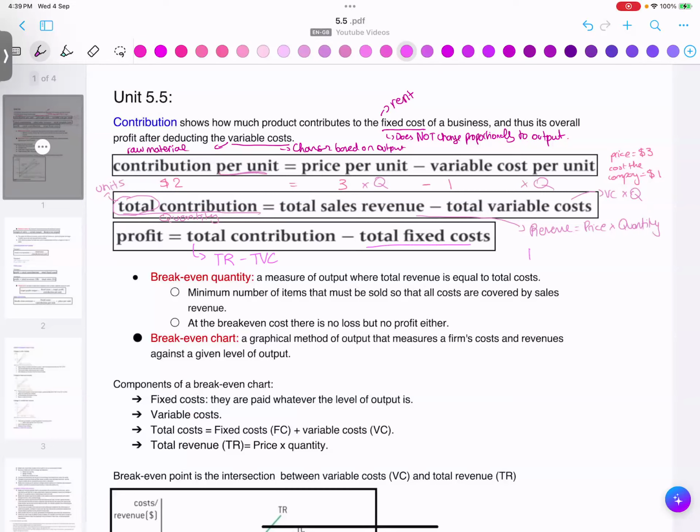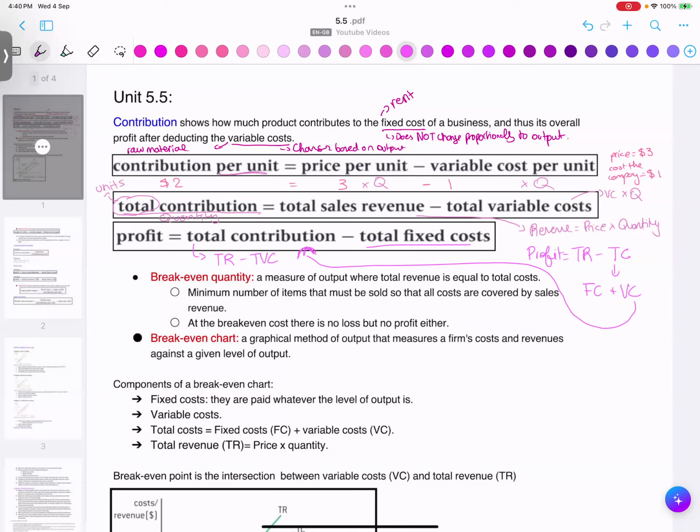Because we know that profit is total revenue minus total costs, and total cost is fixed cost plus variable costs. But since variable cost is already included in total contribution, the only thing we have to subtract is fixed costs. So this is basically it.